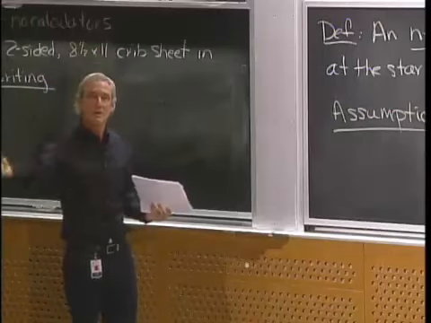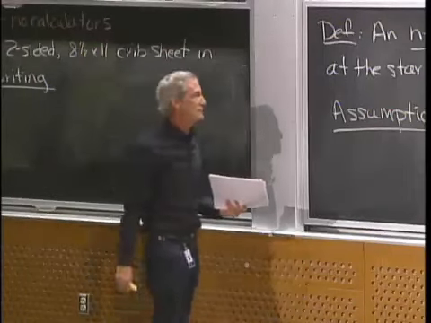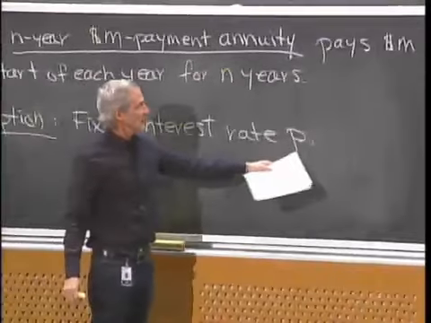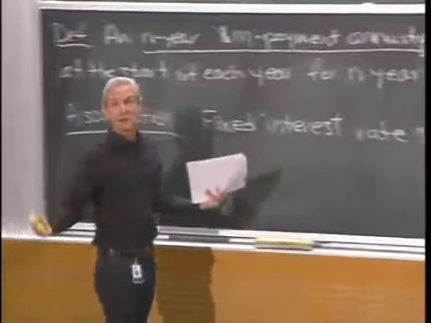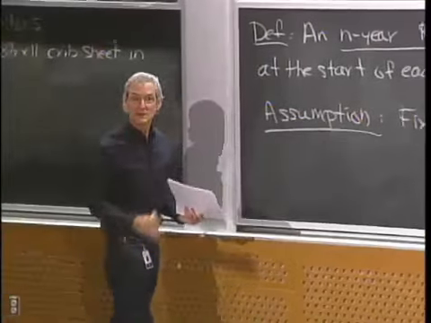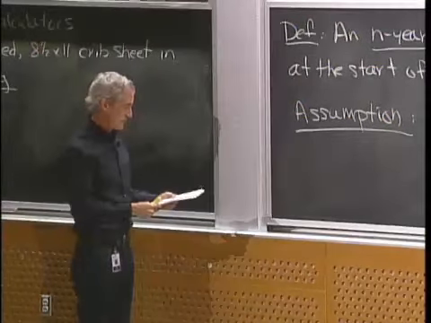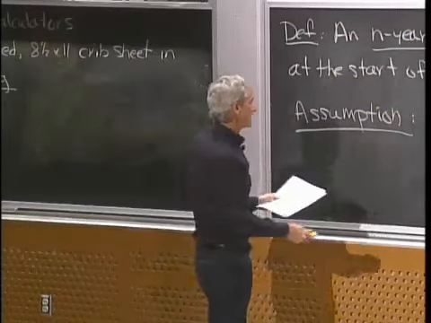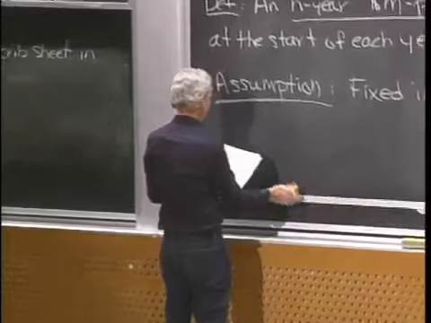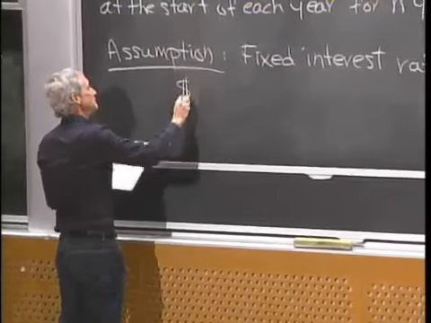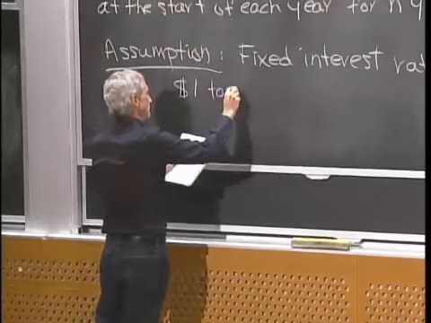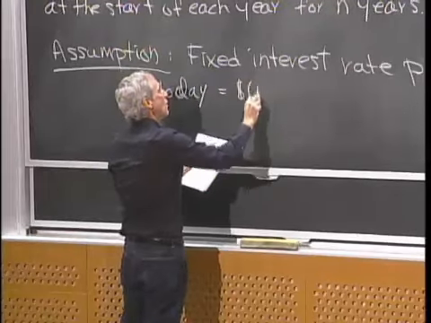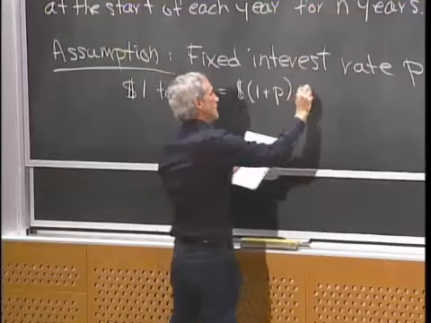You know, if you put money in a bank, they'll give you some percent back every year. And of course, the fact that different people have different ideas of what this would be allows people to make money on Wall Street. As we'll see, a slight difference in P can make big differences in what the annuity is worth. So for example, $1 today is going to equal 1 plus P dollars in 1 year.